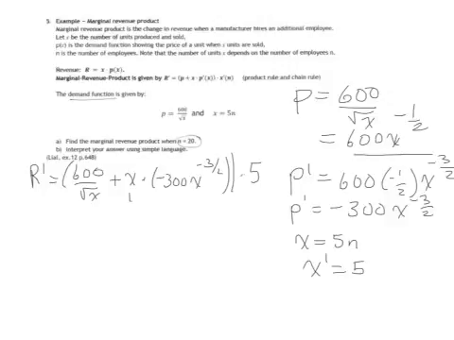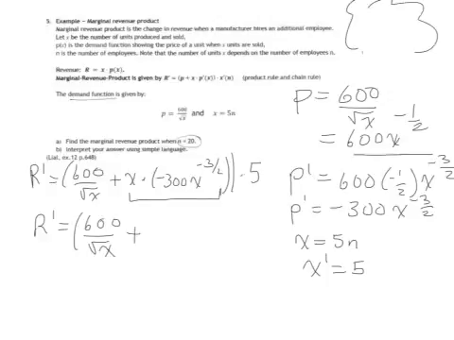First, we need to expand this in the bracket, yeah? Or simplify, rather. So R prime is going to be 600 over root X plus, now we've got X times negative 300 X to the negative 3/2. And I'm going to give you a little thought bubble up here.